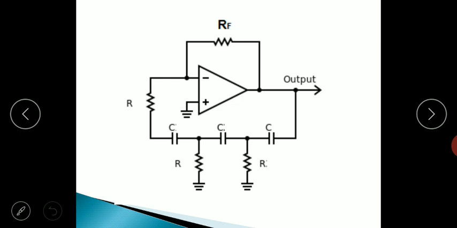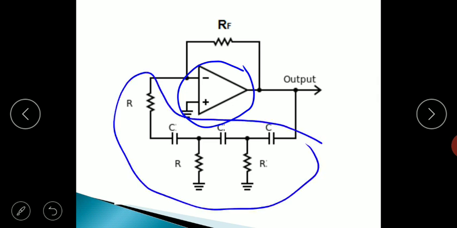This is very simple, the same circuit, only one small change is made in the appearance of this particular circuit. You can see again, this is an inverting op amp circuit, and this is the feedback network. Here the resistor R is a part of the feedback network, and also it is a part of the input side of the op amp, which also decides the gain of the operational amplifier.